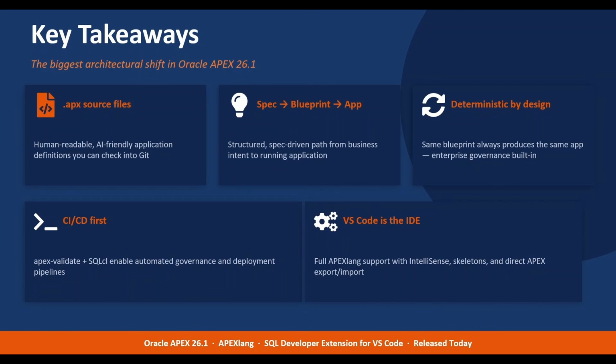And right now, with APEXLang, the actual need to go to the application builder to develop the application has been reduced, and this is another way where we can vibe code and create Apex applications.